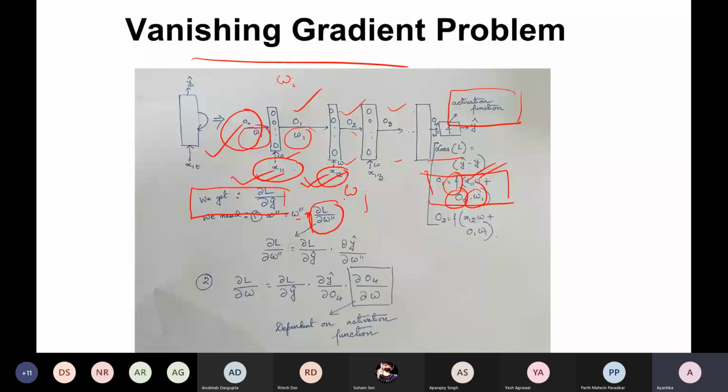Here at the last phase, we have considered the weight as W double dashed, and based on that, what will be my loss? It should get multiplied by some learning rate, and that part I will subtract from my existing weight, and that way it will update my weight in the next iteration.